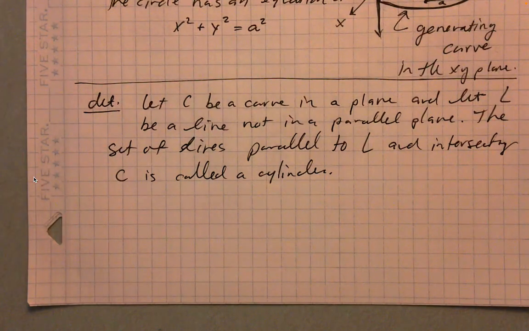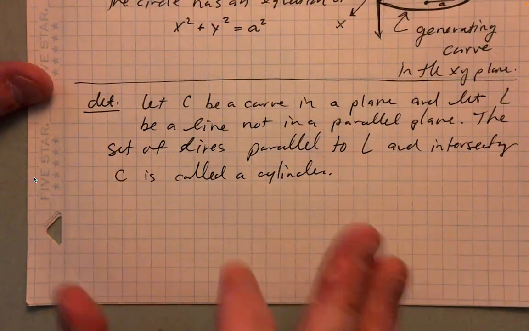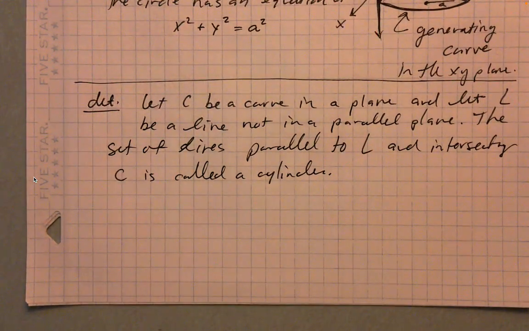Right, so pause for a second and let's reread that and try to absorb this. So C is a curve in a plane, and L is a line not in a parallel plane to C. The way to think about that is you take the simplest example where the line is literally perpendicular to the plane in which C lives.